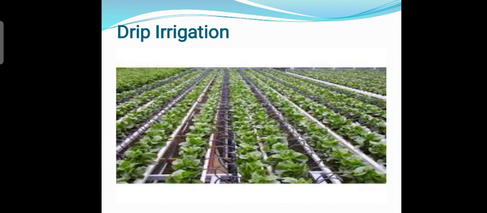You can see this system in the picture. This method is quite expensive as a number of pipes are needed, but it is very efficient, especially in dry areas, because it saves a lot of water. Now these irrigation methods help to irrigate the fields according to the types of crops grown and are more efficient.